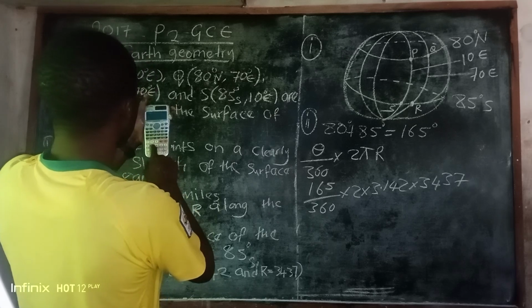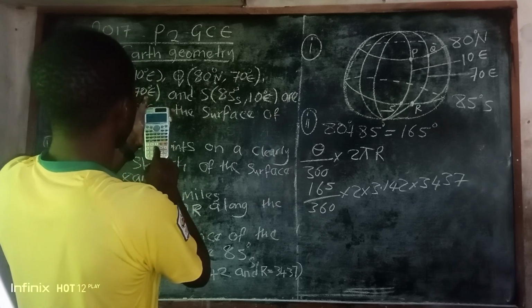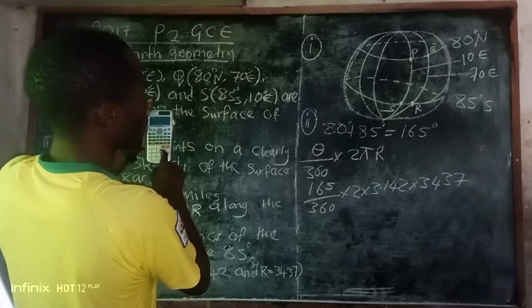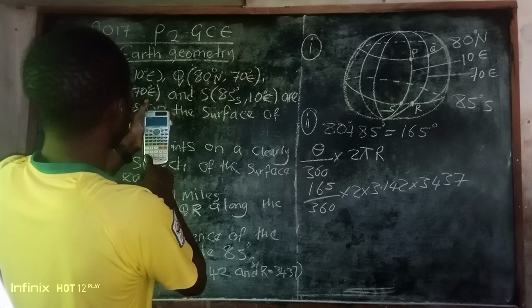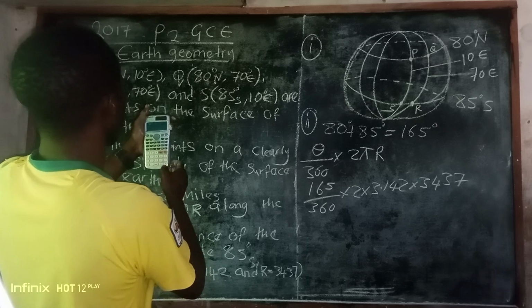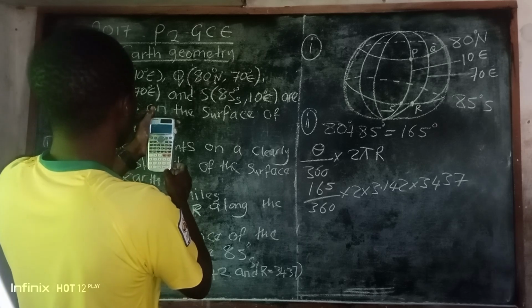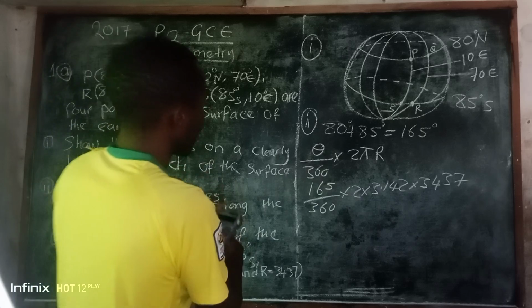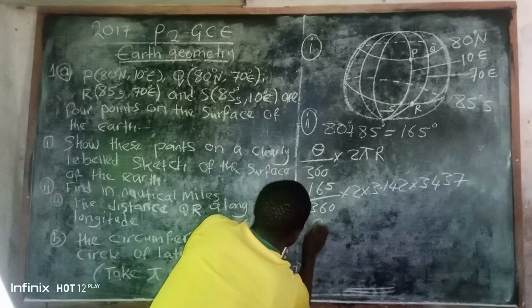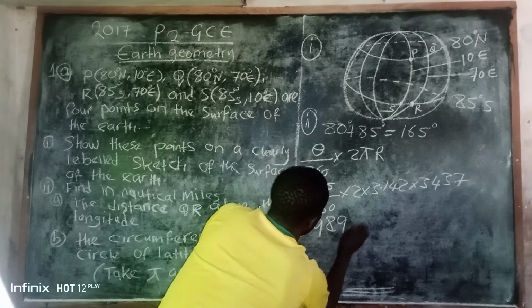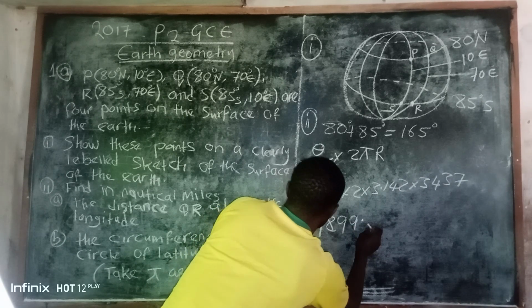So 165 divided by 360 times 2 times 3.142 times 3437. Okay, so that one we are going to have 9,899.1.